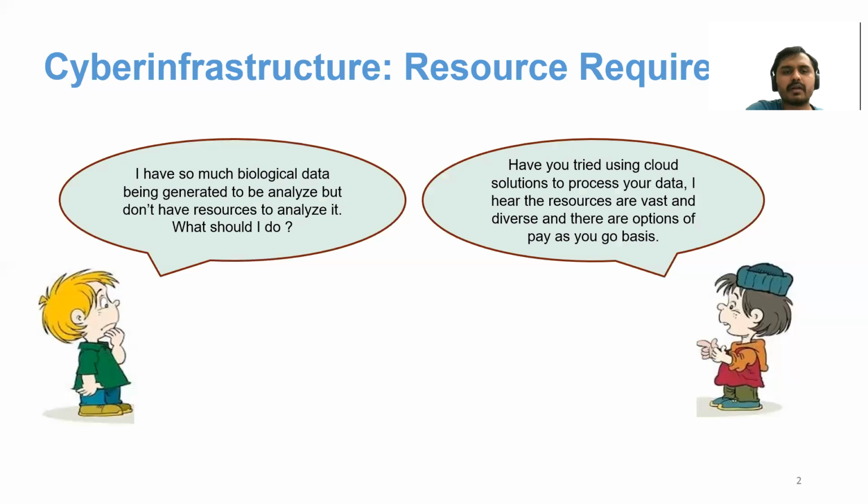But we'll be focusing more on biological data, which is being generated from generation sequencing platforms. And we see here there's a researcher who wants to know some resources where he can run his data pipelines optimally, but because of lack of resources, he's confused on how to navigate through the space of resource selection.